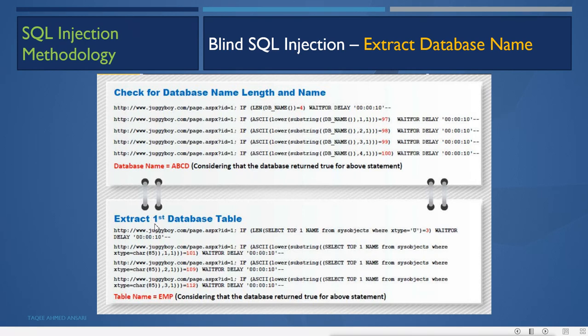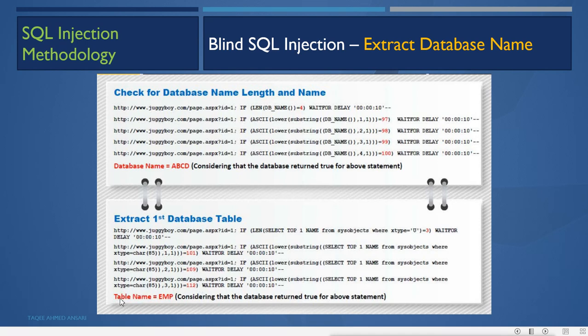Then extract the first database table. For extracting the table information, it will give the length query here, top 1 name from sysobjects where xtype is equal to U and length is equal to 3, and again adding the WAITFOR DELAY option. It will go increasing with this to 101, 109, 101, 112.